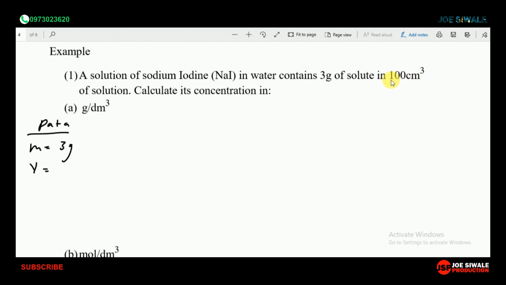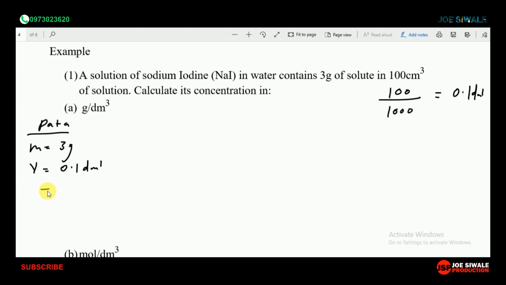So we need to convert 100 cubic centimeters into cubic decimeters, and to do that we divide by 1000, and our answer is 0.1 cubic decimeters.